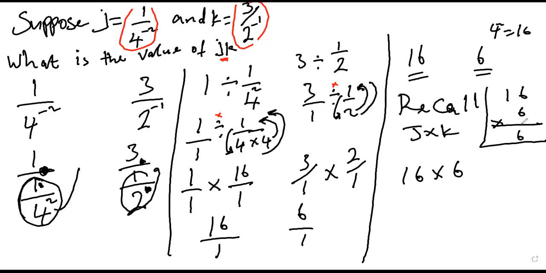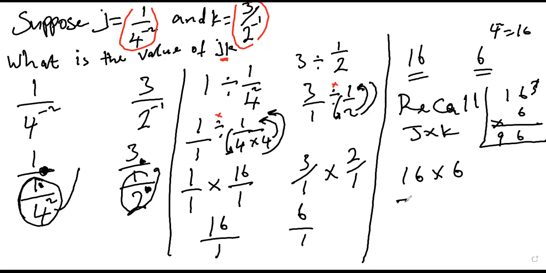Put a 6 and carry 3. Sorry, my friends, carry 3. Then 6 times 1 is going to be 6, plus that 3 is going to be 9. So the answer is going to be 96.